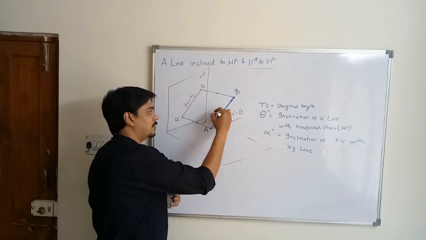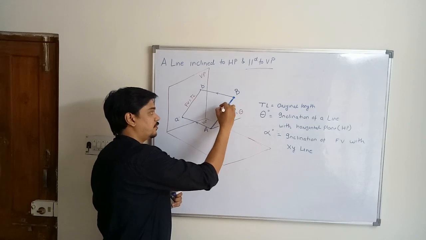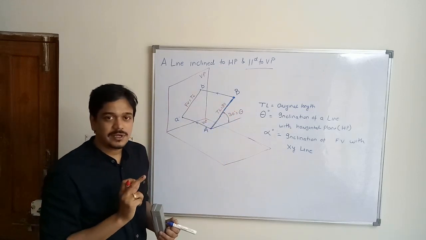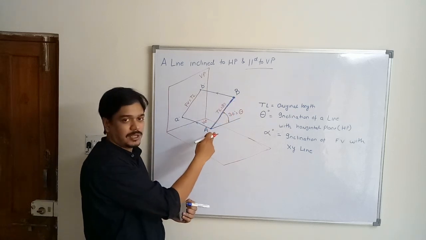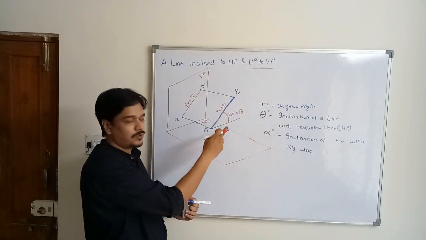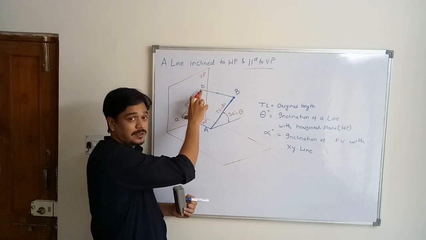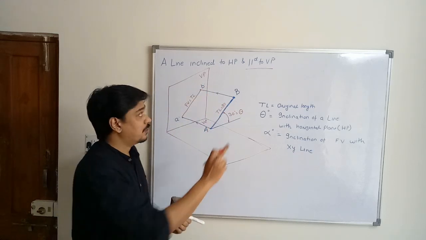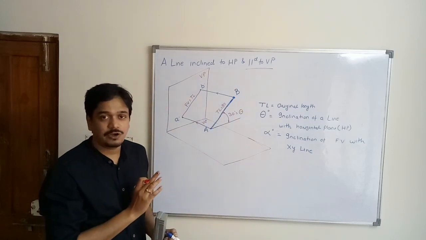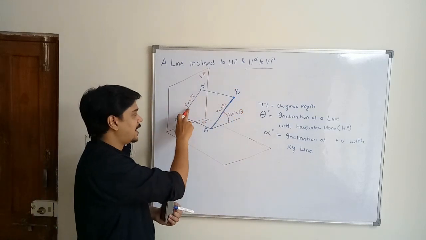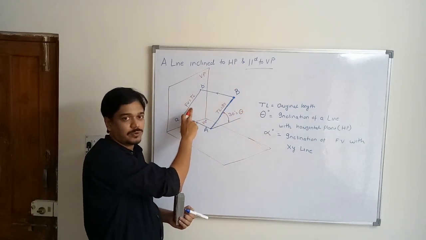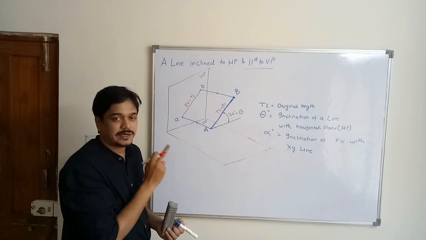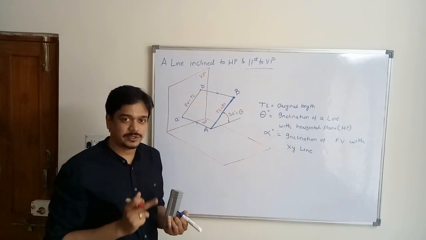True length is actual length. So it is 80 mm. If you obtain the projection or view of this line on VP, the length of front view will also be 80 because it is parallel, it will not change. So that's why I have written over here that front view is equal to true length.